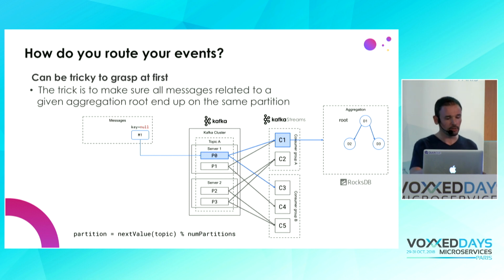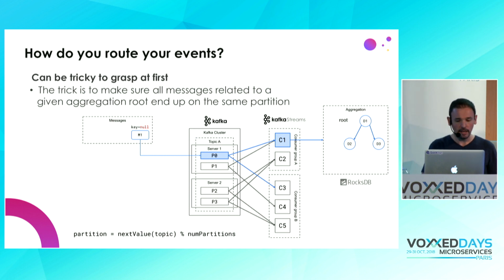So here, you get your M1 message, which creates the aggregation route. Let's say that the aggregation route is going to be pinned to the C1 consumer, hence to the P0 partition. Everything's fine.